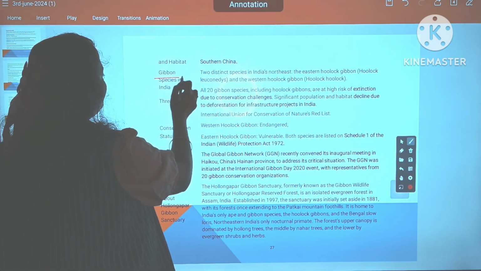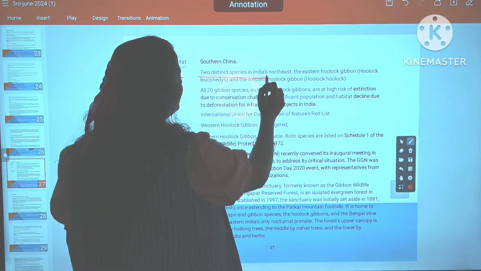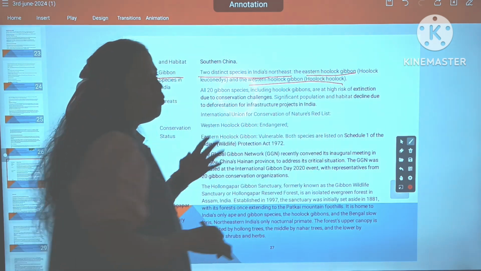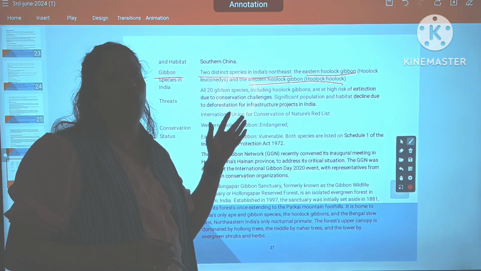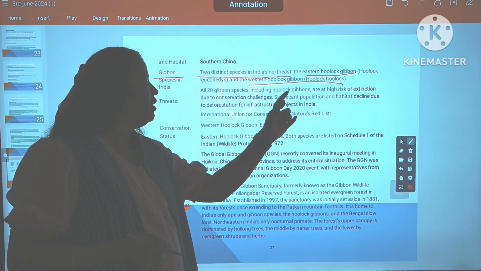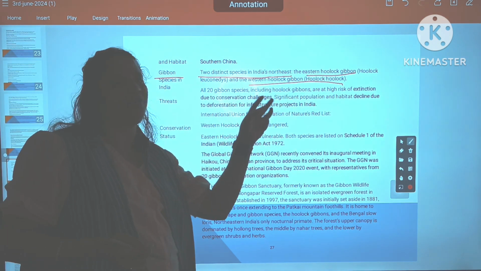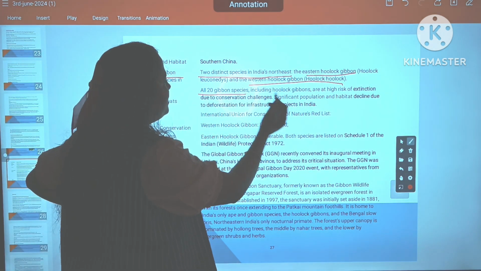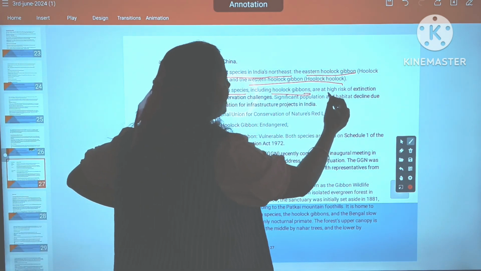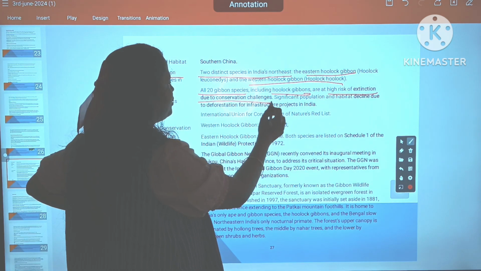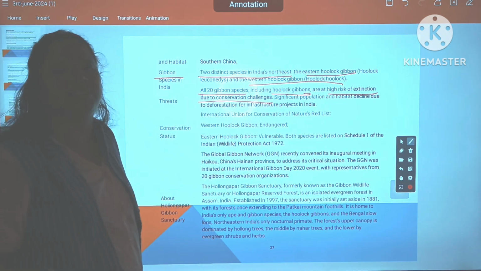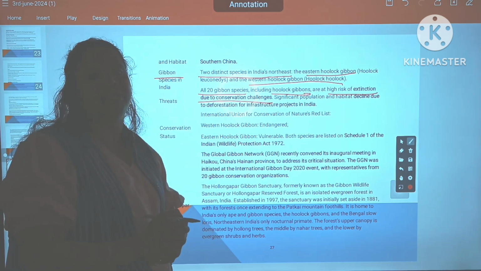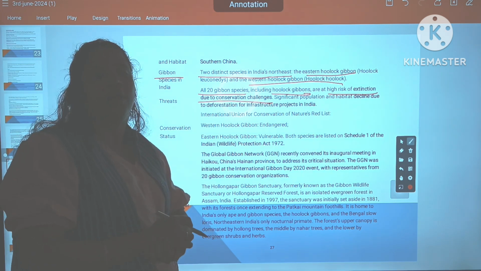Okay. So, gibbon species. There are two distinct species in India's northeast: the eastern hoolock gibbon and the western hoolock gibbon. Hoolock you can remember as hoo, like a monkey sound, hoo. So hoolock gibbon is one type of gibbon, eastern and western. All 20 gibbon species including hoolock gibbons are at high risk of extinction due to conservation challenges. Species in India are threatened due to rising heat, climate change, urban development, and lack of rainfall.